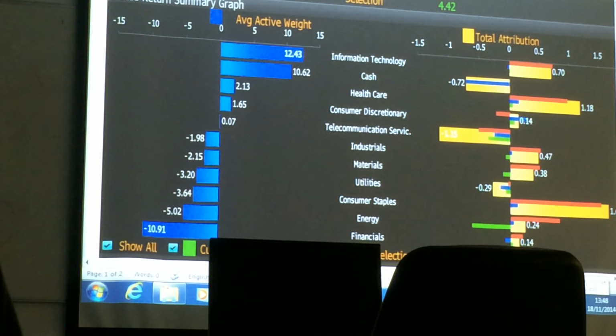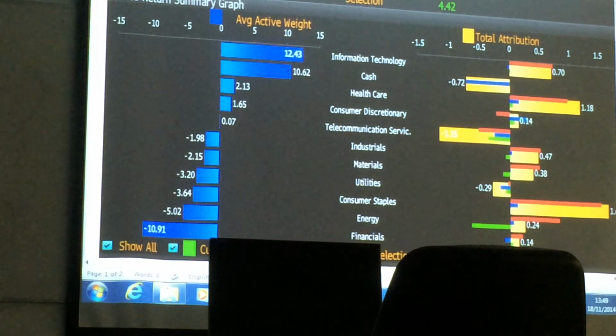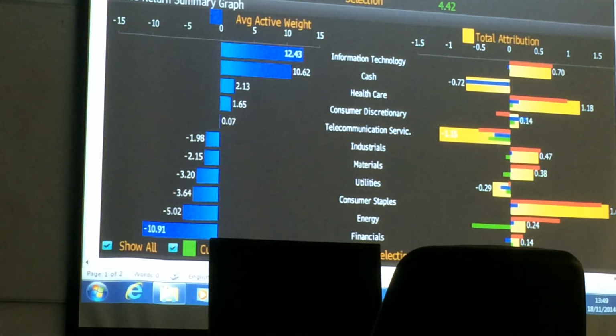That's what I would surmise from this, but I can't say it's definite because I don't know if telecom services are doing poorly. There are a lot of currency effects there, so I'm assuming it's the overseas telecom industry, and the stock picking has been very good. So I'm just surmising that the industry where people are investing is not doing very well, and that slight overweight is having a big hindrance.